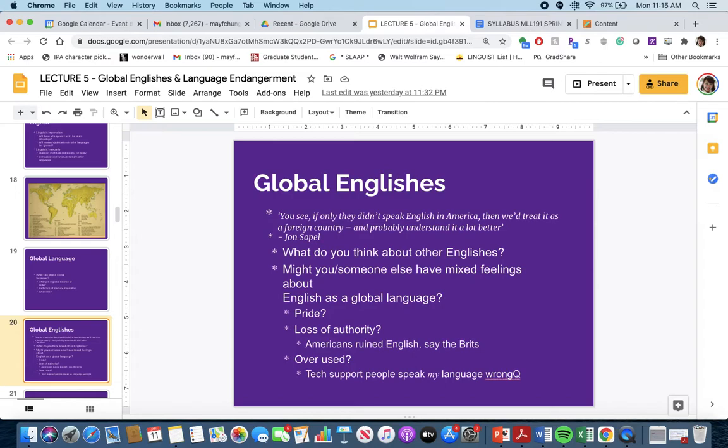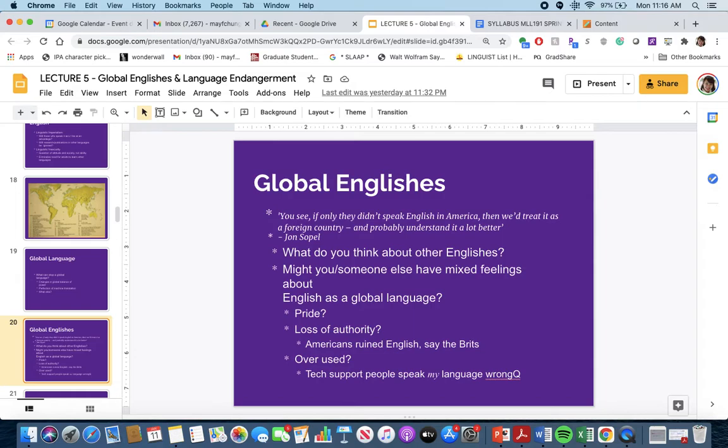So, what do you think about other Englishes? A lot of our perceptions about other Englishes come from this hegemonic history, right?